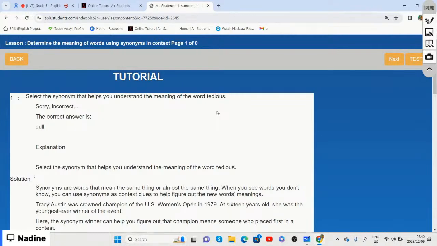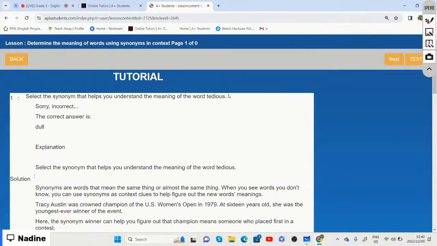Tedious is like it's too long, it's tiresome, or we can even say it is too dull, right?